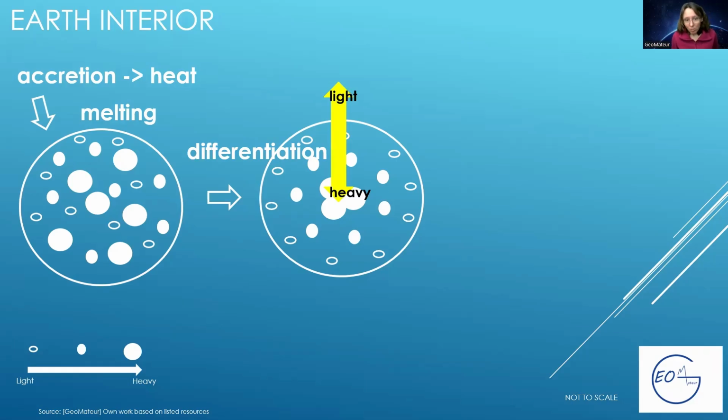Heavier material travels to the center of the Earth, the lighter in the opposite direction. In that way, compositional stratification was formed. But please remember, the differentiation process was not a one-act process. Accretion, melting, and differentiation overlapped.